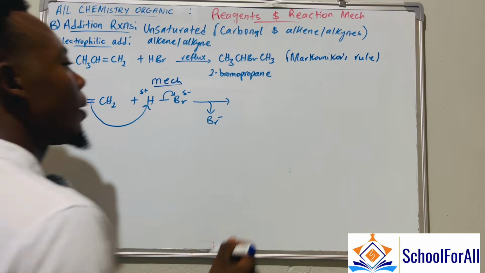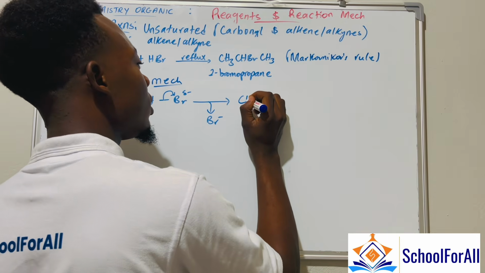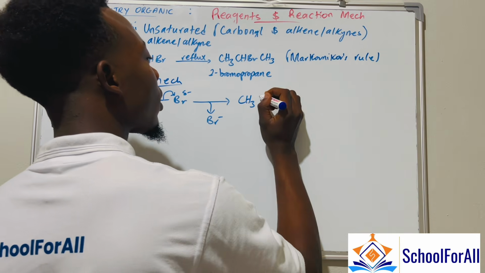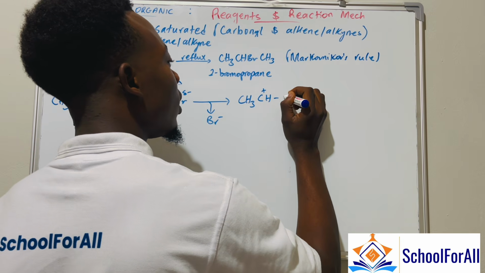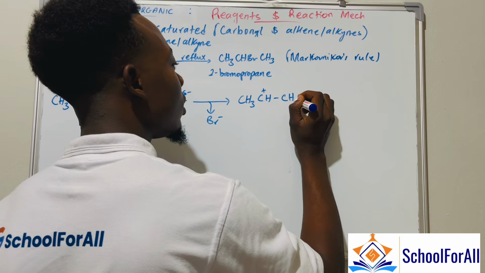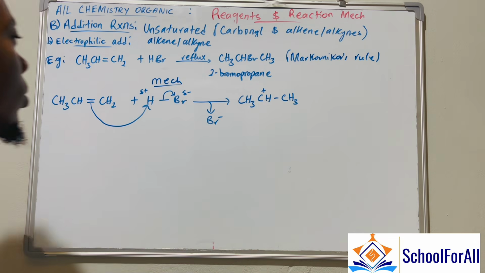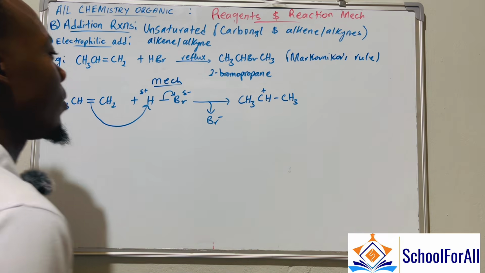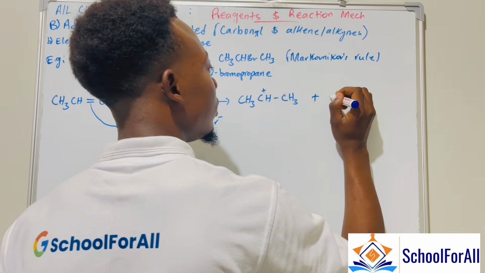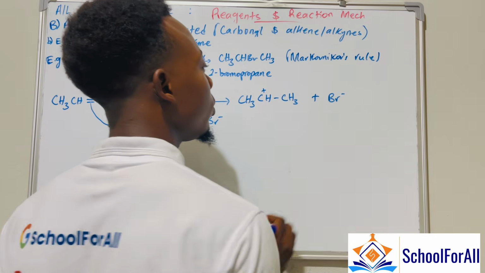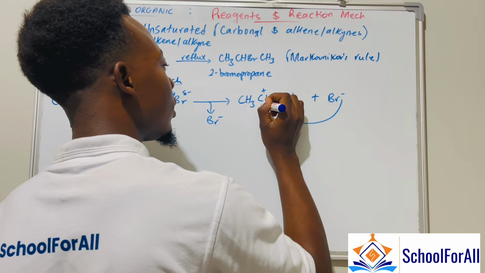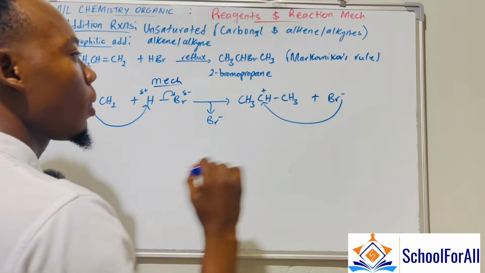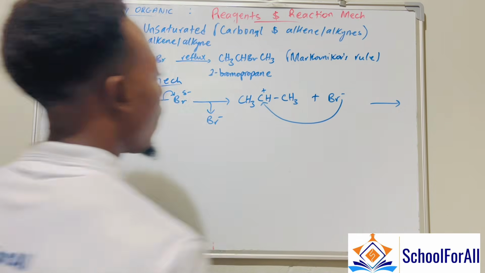So I'll have CH3 CH plus CH3. I'll form this carbocation, and finally this bromide ion will come and fix itself here to form my compound.